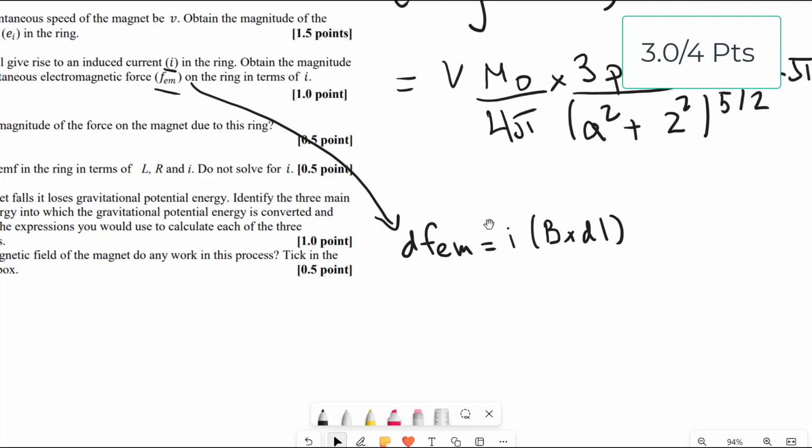This is actually the good old sort of high school F is equal to Bil equation in its true form with the cross product.